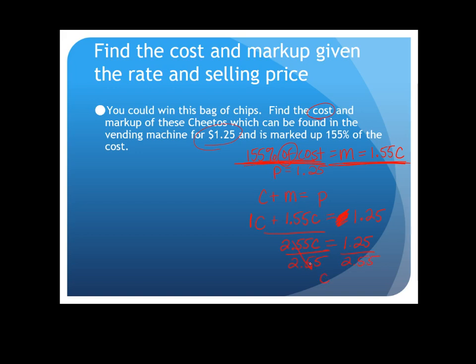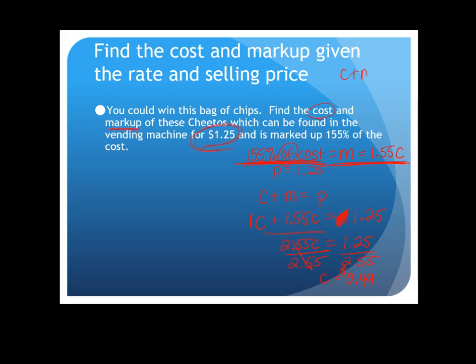And when I do that, 1.25 divided by 2.55, I get 0.49. And I rounded to 2 decimal places because we're talking about money. So the original cost was 49 cents for the bag of chips, and then they sold it to you for $1.25.